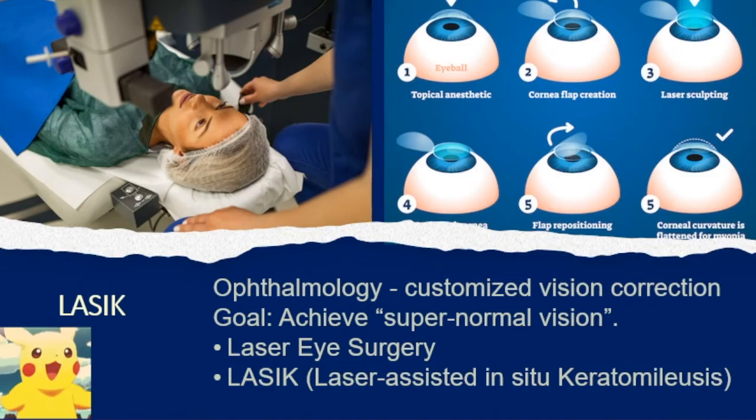One surgery that we can do for a patient with astigmatism, or maybe also for a patient with myopia, is LASIK surgery. LASIK stands for laser-assisted in situ keratomileusis. This is related to the vision of ophthalmology to have customized vision correction with the goal of achieving supernormal vision.